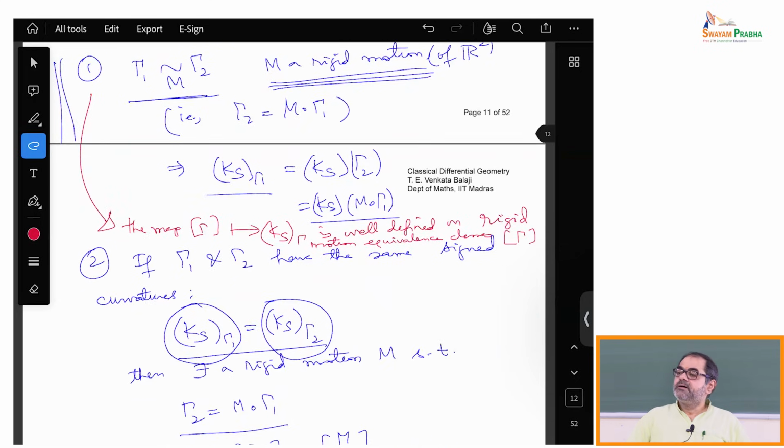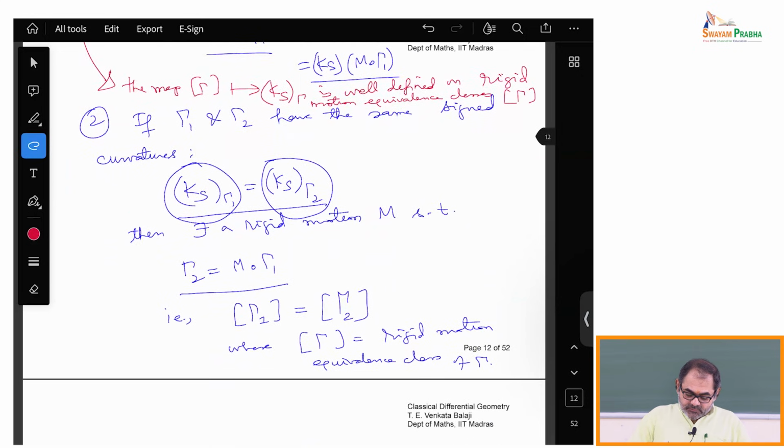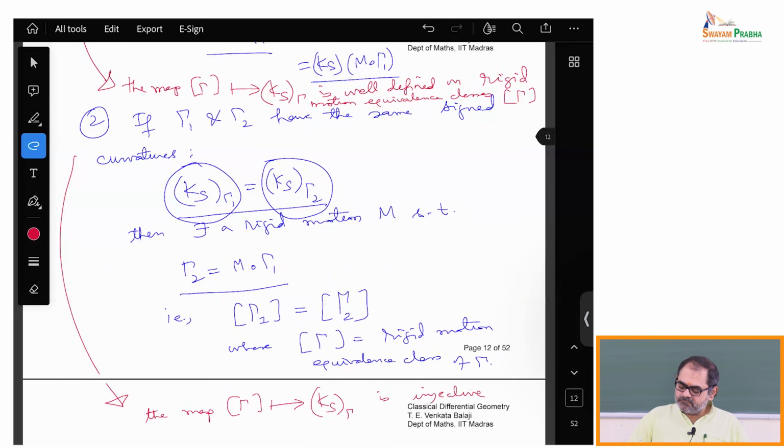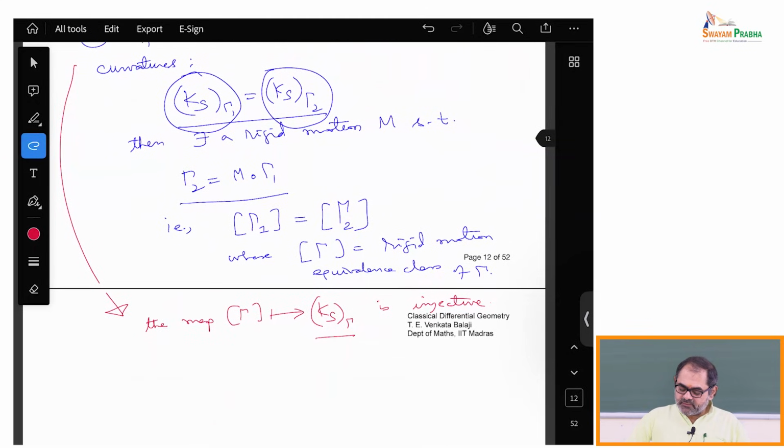So the first statement is that this map is well defined on rigid motion equivalence classes. The second one is that the map is actually injective. What does this mean? This means that the map square bracket gamma going to ks sub gamma is injective. So if ks gamma 1 is equal to ks gamma 2, then square bracket gamma 1 is equal to square bracket gamma 2. That's injectivity.